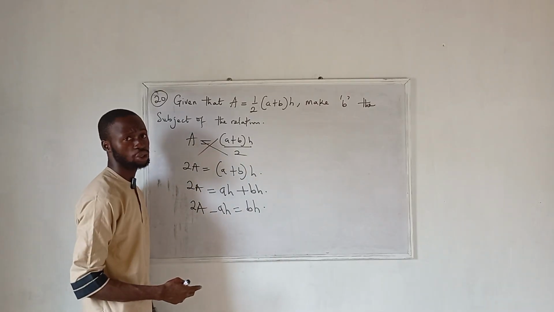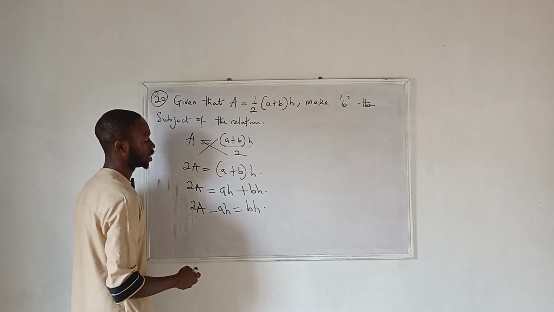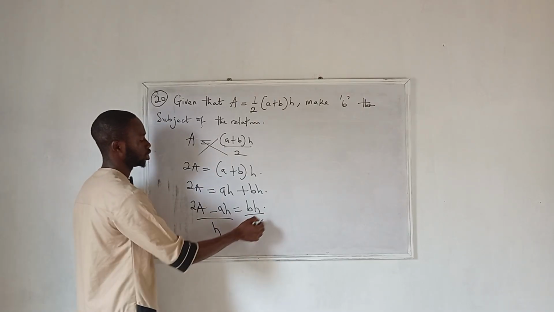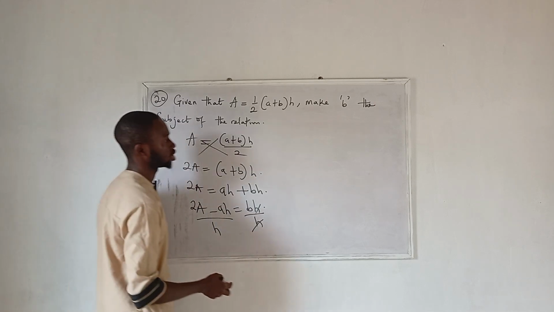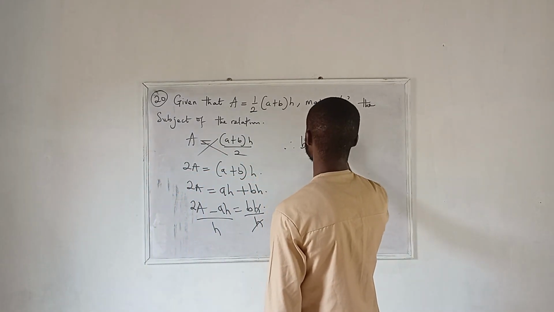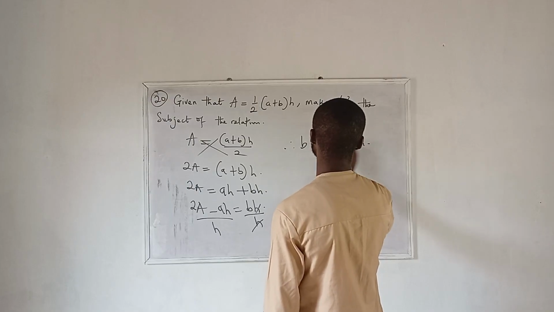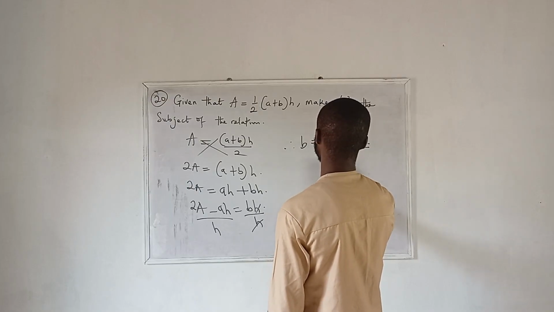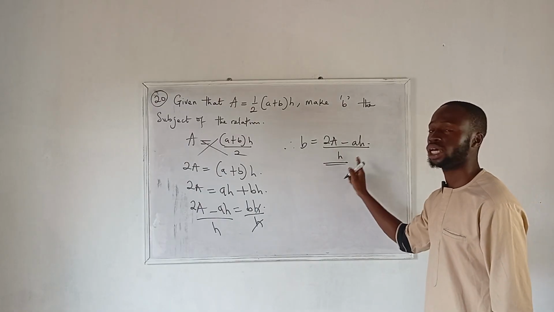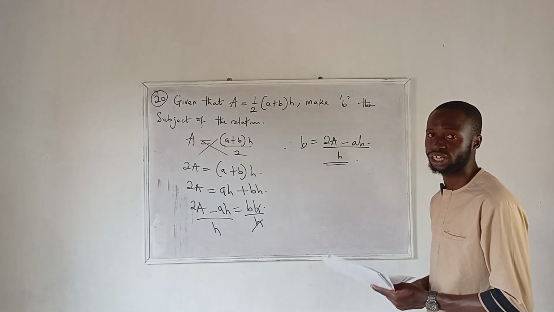So b is not yet standing alone. I have a number beside it, and that's h. So divide both sides by h, and h cancels. Then our final answer: therefore b is equal to 2A minus ah over h. Please understand that there's a difference between this capital A and this particular small a.